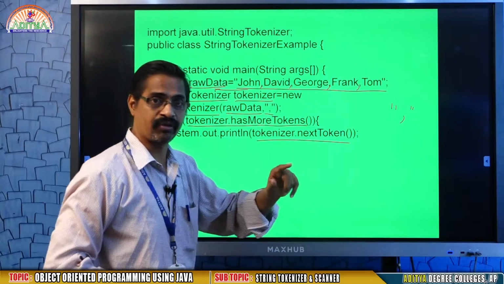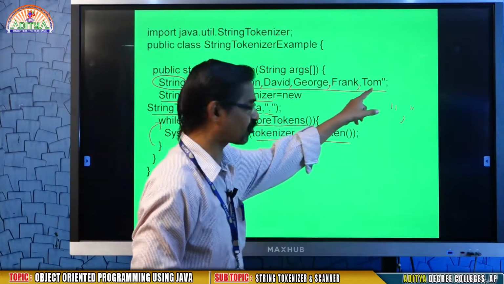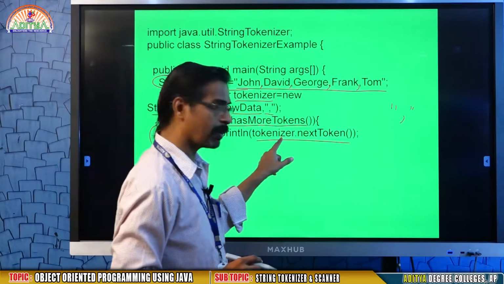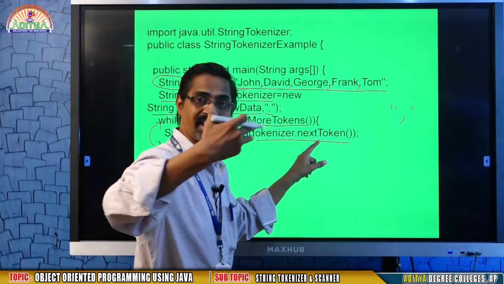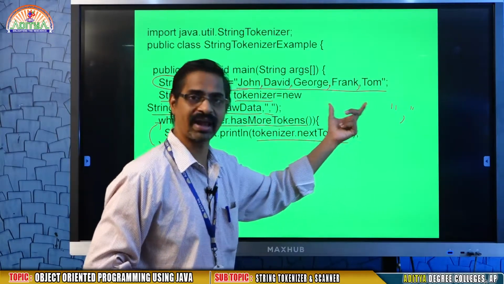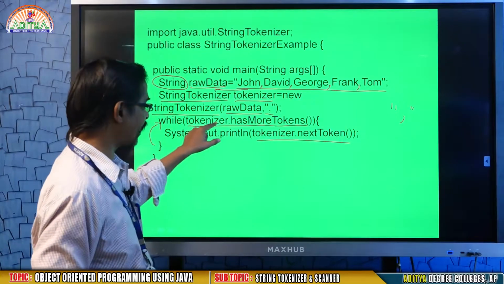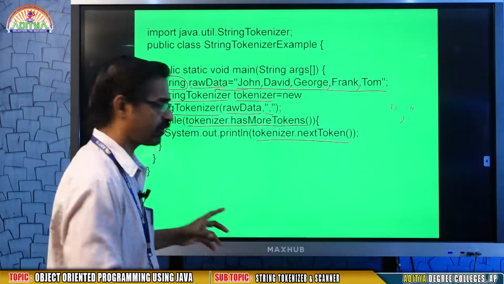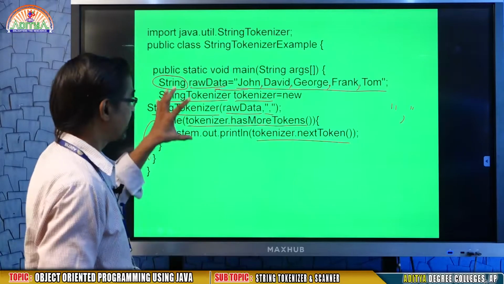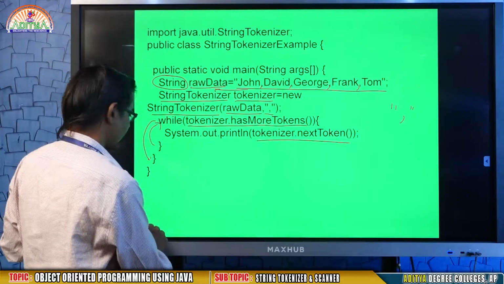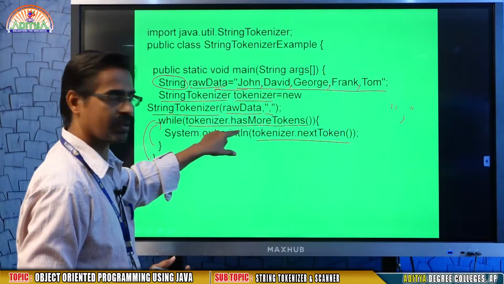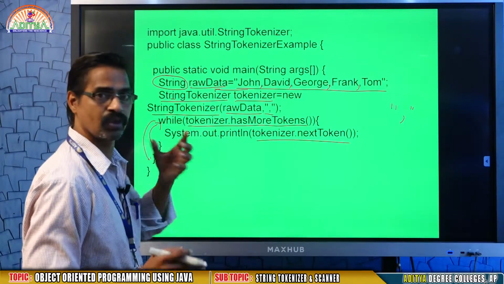The next token jumps to the fifth one, Tom, go back. Has more tokens? Yes, Tom will be printed. It tries to go to the next token, but there is no name, the end of the string is encountered. So again it will go back, has more tokens is false, so it will come out. So this is the context where this concept is helpful. This is the concept of string tokenizer.